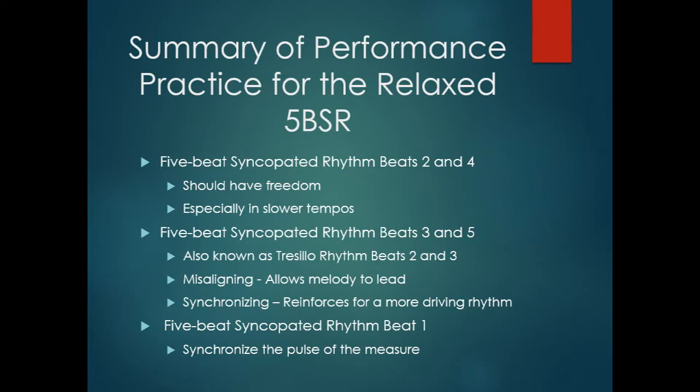Those should have freedom to fluctuate, especially with the slower tempos, as the meringue allows more fluctuation or rubato treatment. With the 5-beat syncopated rhythms, beats 3 and 5 were the questionable beats because they can misalign or synchronize. They can go either way according to taste.